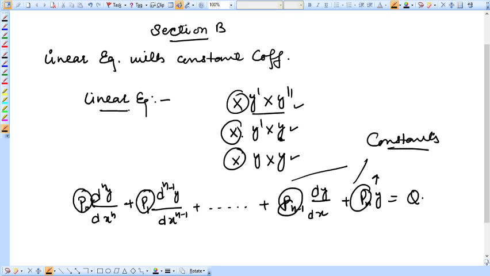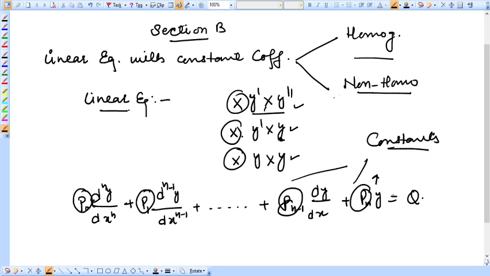Moreover, a linear equation is further divided into two types. One is homogeneous, the second is non-homogeneous. This right-hand side is q, a function of x.